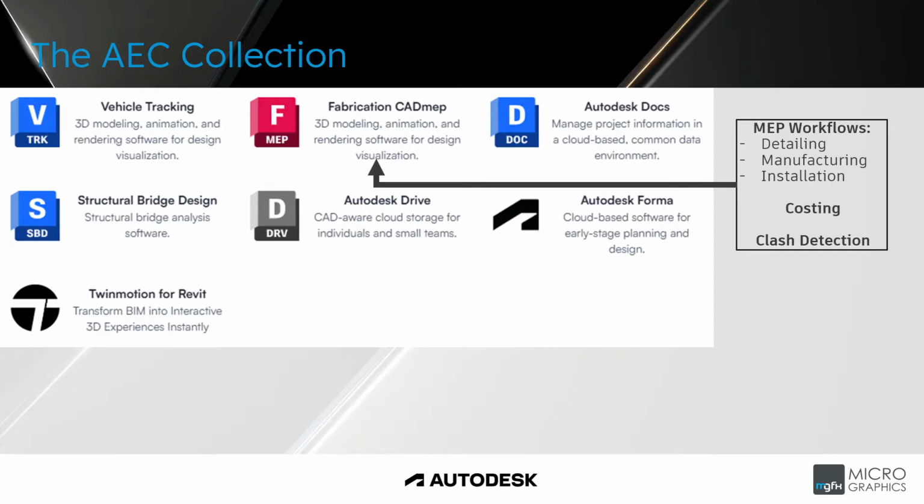Really something I would take a look at. From what I understand, it can integrate with Revit, which also has quite a large MEP component. But it's quite incredible. If you look at some of the data that's available online, you can see it's quite a powerful costing program as well. And then it can also be used for the clash detection of your MEP infrastructure.